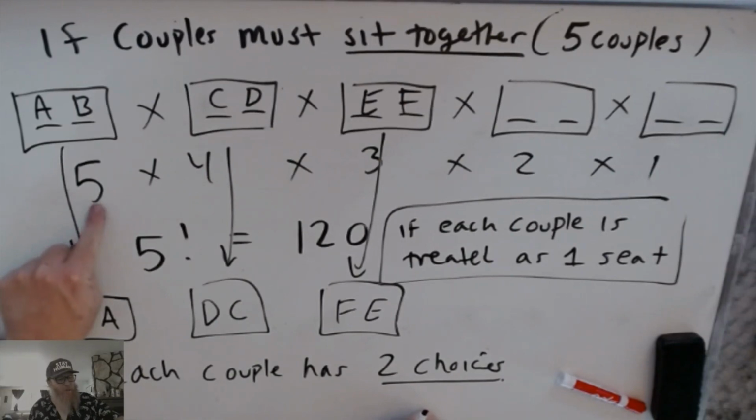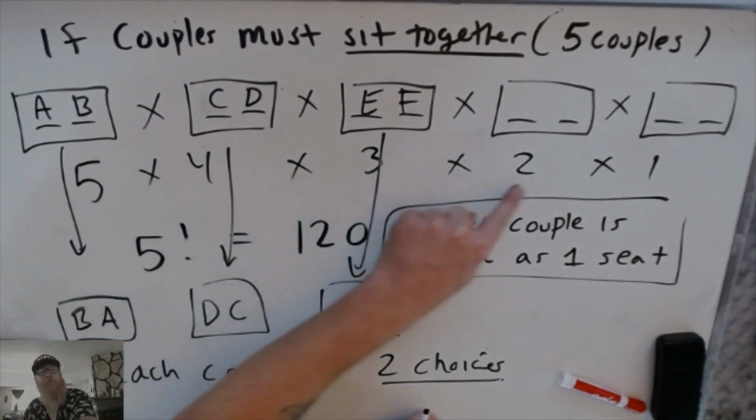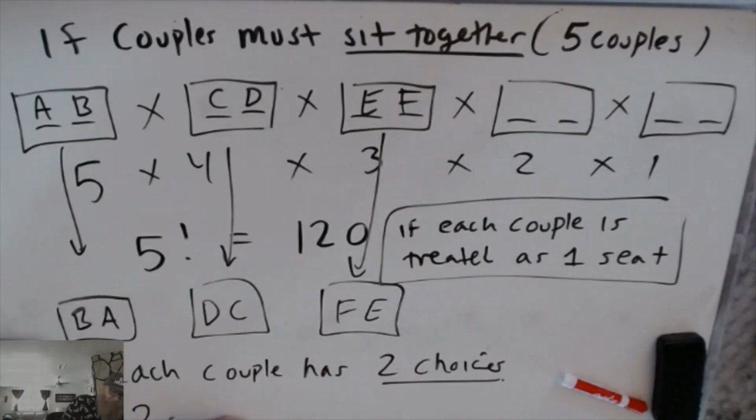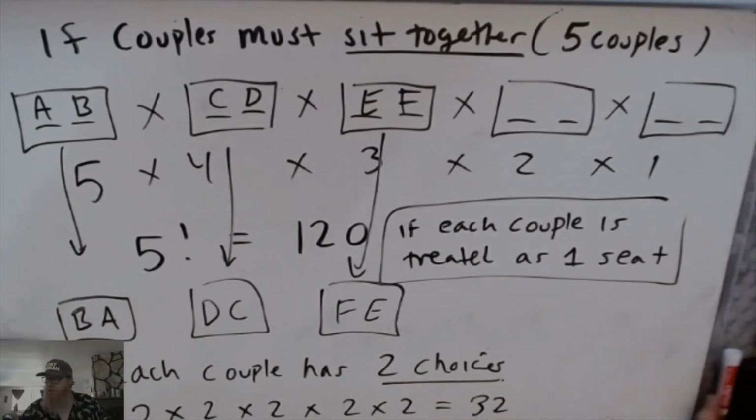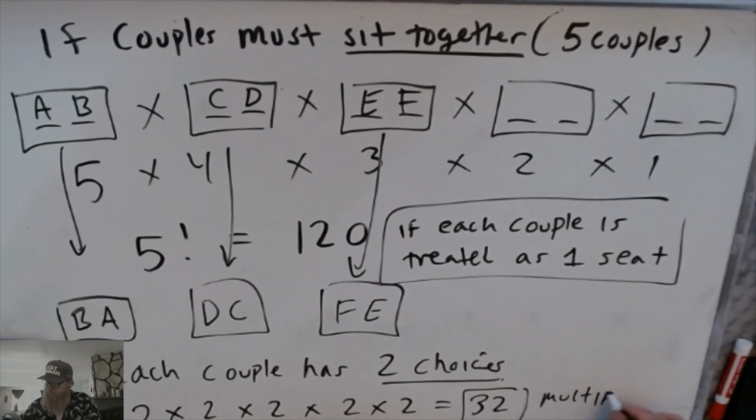So we need to multiply each one of these times 2. So 2 times 2 times 2 times 2 times 2 is 32 options.